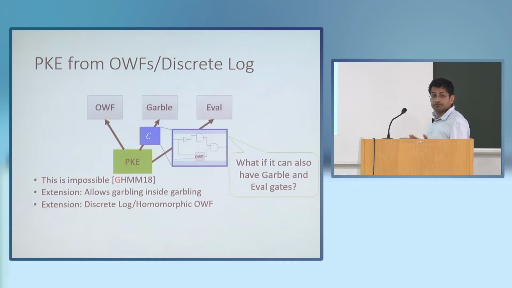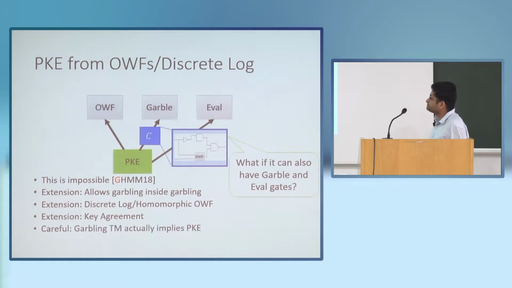And that's also open. So we don't know public key encryption from the discrete log assumption, and it would be really worthwhile to rule it out if we can. And if there is hope of constructing it from these assumptions, it's likely that we would need non-black box techniques. So it's a worthwhile endeavor.